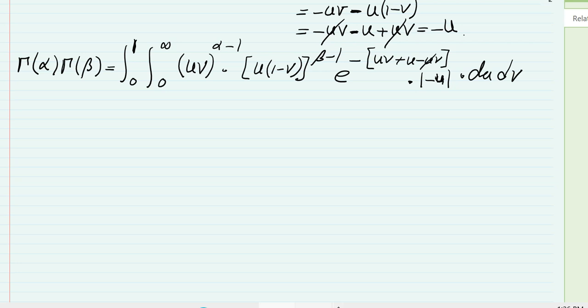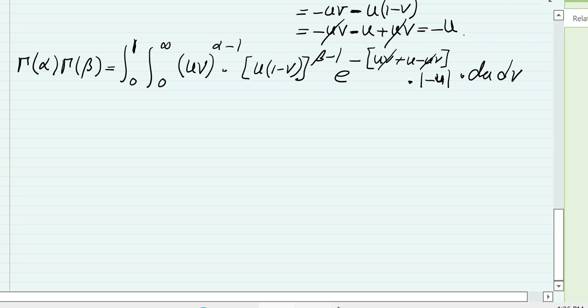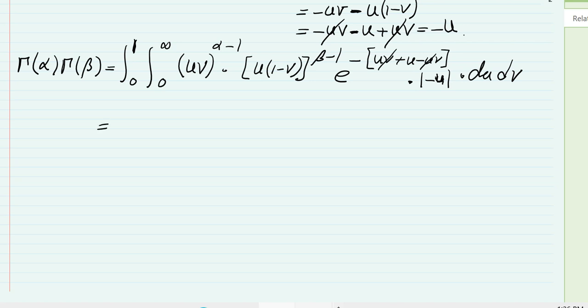Now, some things get simplified here, of course, in the exponent. We're just going to have e to negative u. Therefore, the double integral becomes 0 to 1 and 0 to infinity of u to the alpha minus 1 plus beta minus 1. So I'm doing the u here and the u here, using the multiplication rule of exponents.